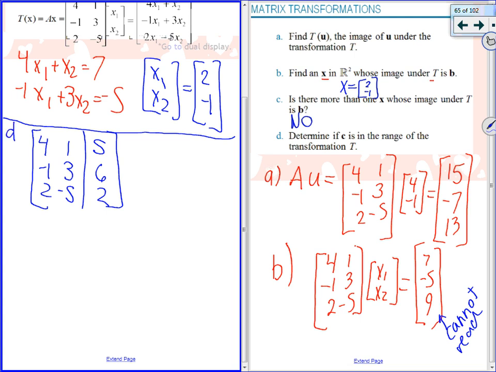But now for part D, I'm just going to check to see if C is in the range. In other words, is this a consistent system? So I'm going to do 2R2 plus R3. So I get 0, 1, and then that would be 14.